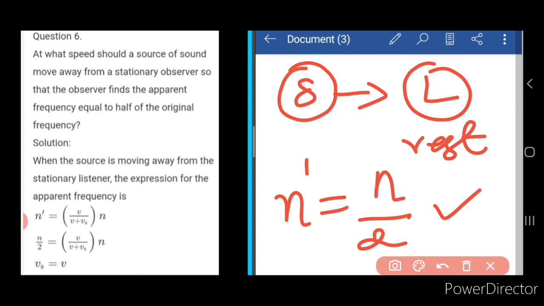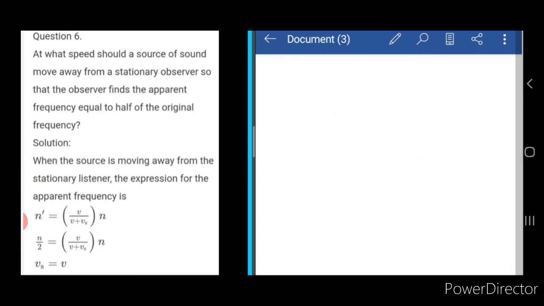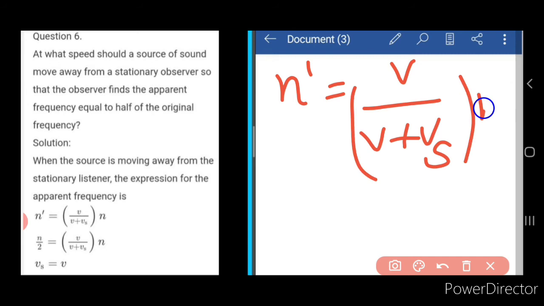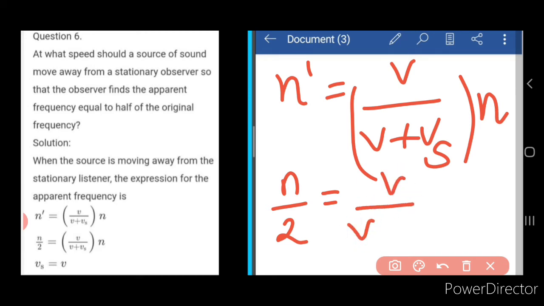So we will substitute in the equation. So here we are getting the equation n dash is equal to v divided by v plus vs into n, since the source is moving relative to a stationary observer, right? Now here n dash is equal to n divided by 2 is equal to v divided by v plus vs into n. Shall we cancel this n on both the sides?